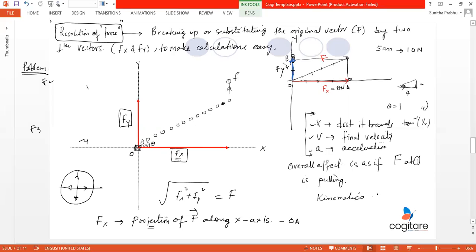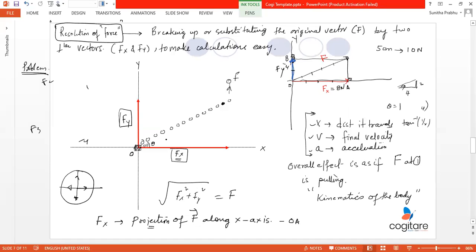The entire kinematics of the body is the same. These two are still maintaining the sanctity of the original force. Did you understand this, guys?